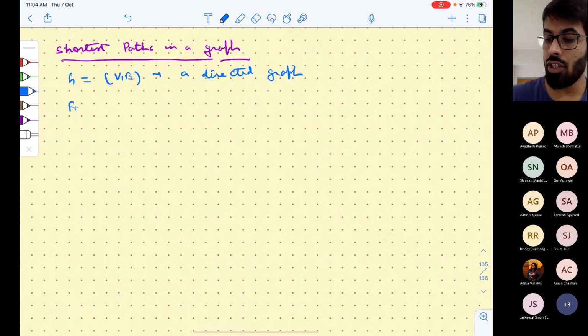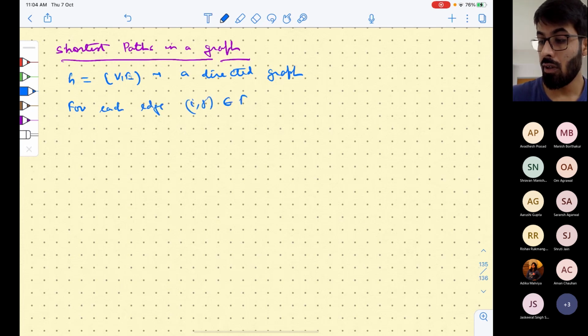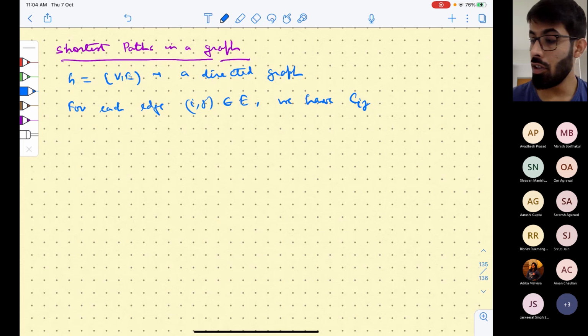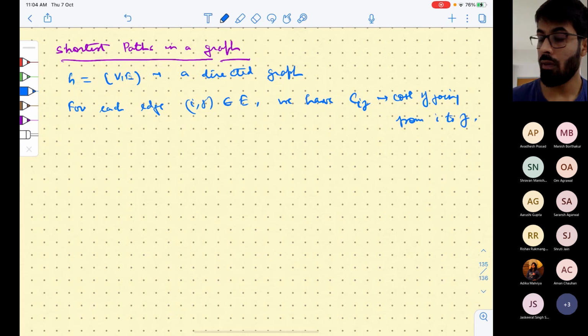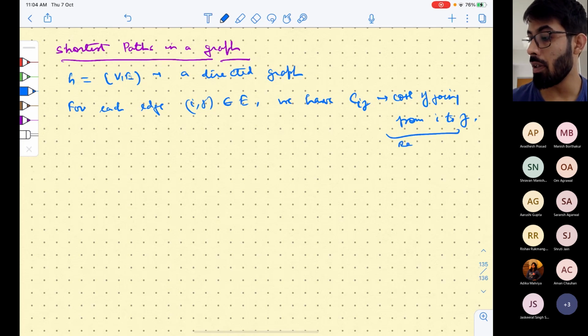And for each edge in the graph, we have Cij, which is the cost of going from i to j. And here we want this cost to be any real number.